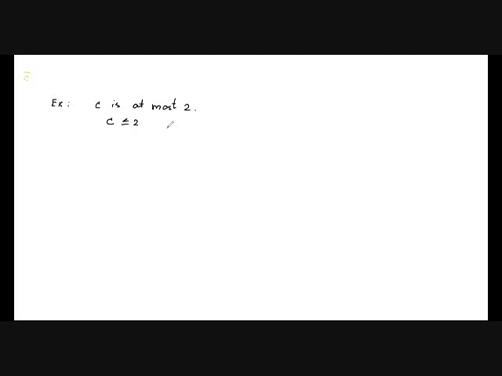Okay. And in this case, if you want to plot the graph, when you plot the graph, you can see, for example, our 0 right here, 2 here.